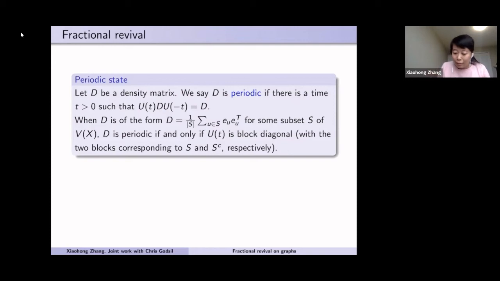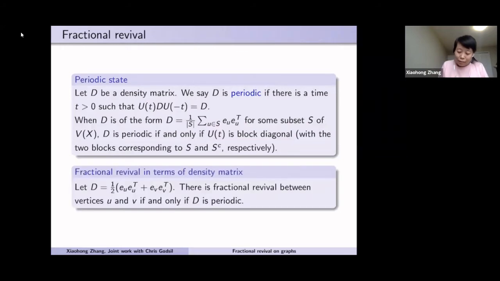So block diagonal, recall that earlier we were checking about FR. We noticed that the unitary matrix is also block diagonal with one block of size 2. So now we can take our set S to be the two vertices U and V. The corresponding density matrix just looks like this. So in fact, FR occurs between U and V if and only if this density matrix is periodic.